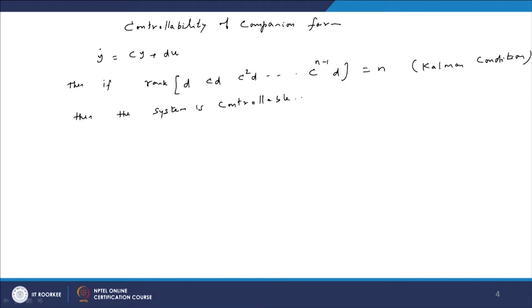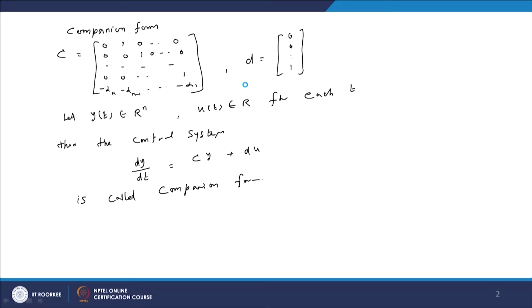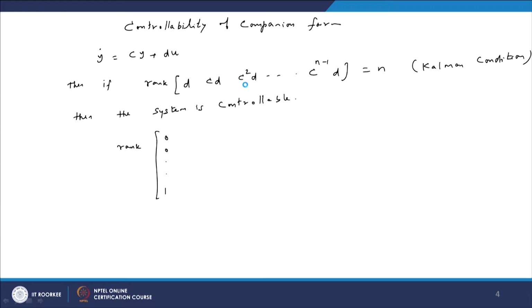But it is very clear that the first column is D, that is 0 0 etc. 1, and if you multiply C into D, where C is given by the previous slide, we will get the last but one element as 1 and the last element as minus alpha 1. So, the second one is 0 0 1 and minus alpha 1.